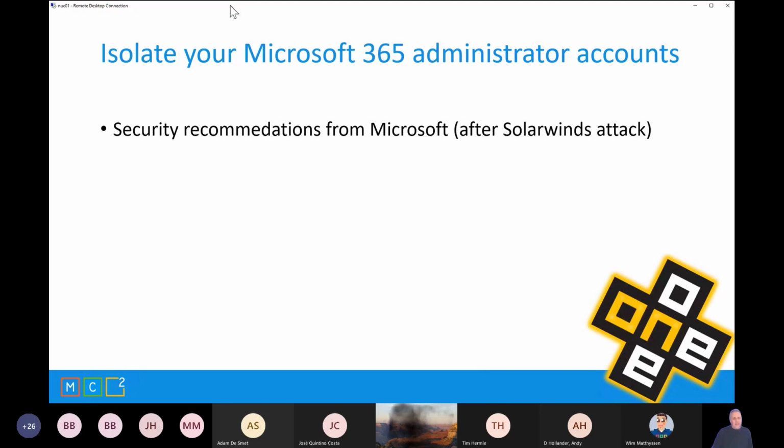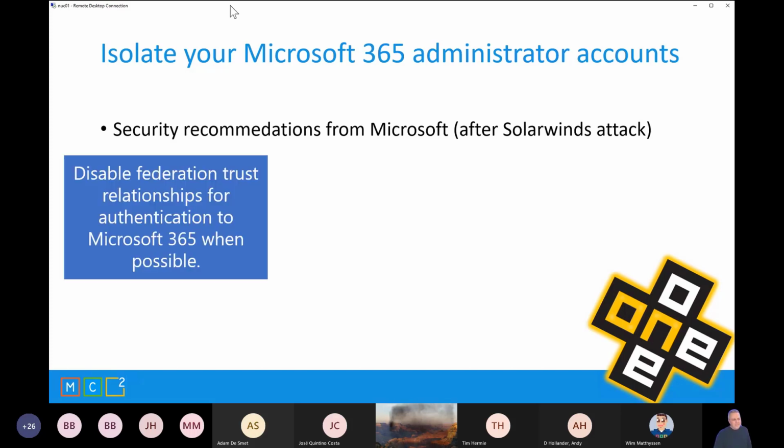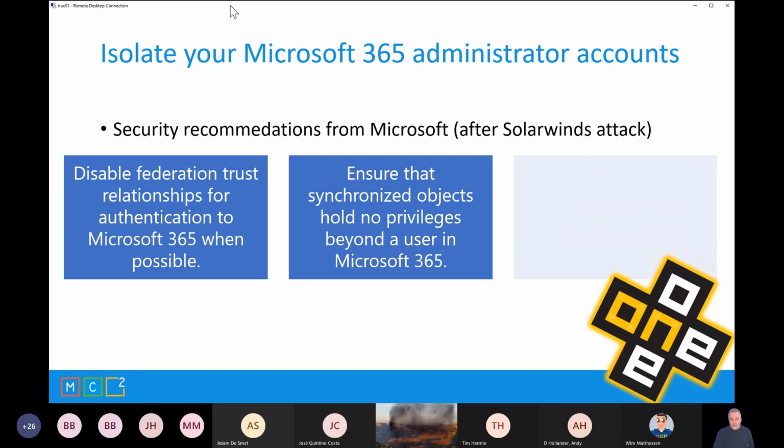I just had a brief review, of course, earlier today, and I was doubting whether to keep this tip in, because I have had this tip for quite some time now, but I still see a lot of customers not isolating the Microsoft 365 administrator accounts, which is, I think, mandatory nowadays.